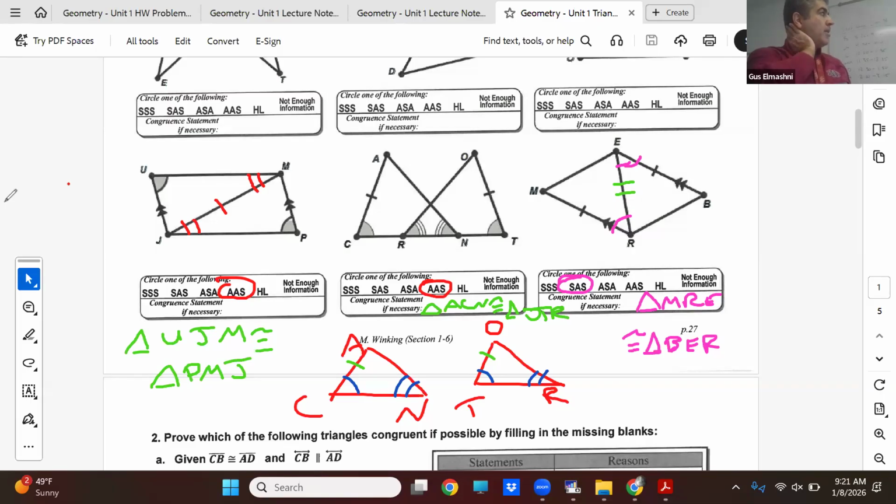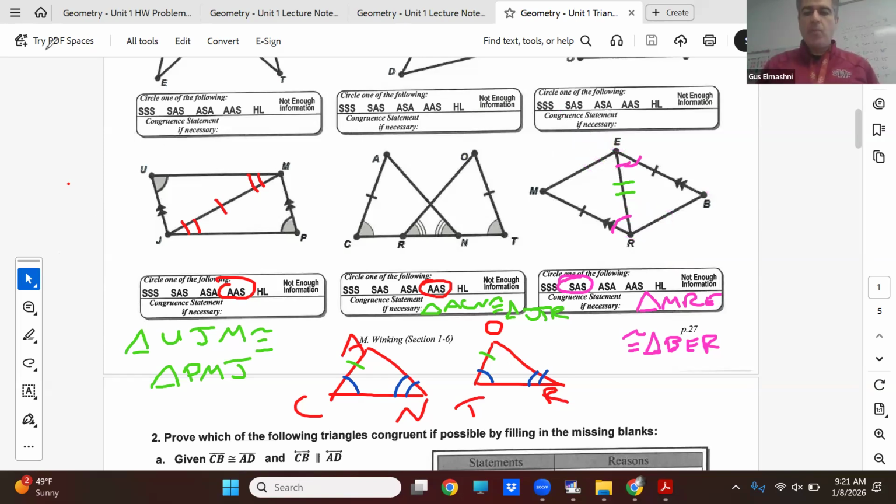Which lines? Oh, the angles you mean. Hold on, I see what you're saying. I think my eyes are playing tricks on me. You know that this is the same as this. Yeah, you would know that, but that's not part of the diagram. So that's all you could do. I see what you're saying.